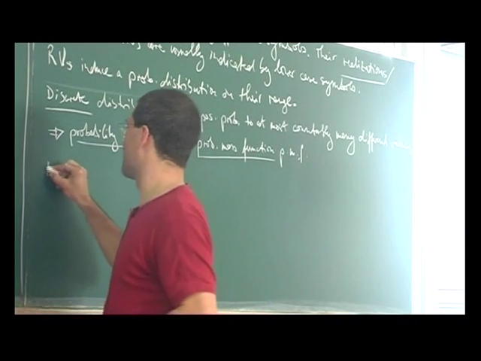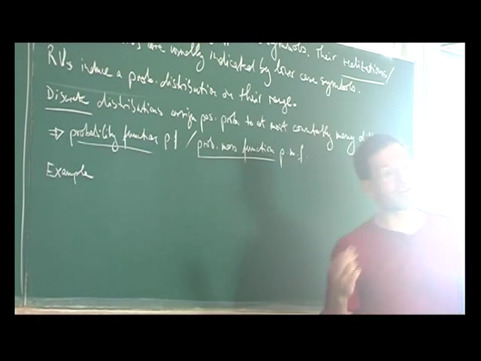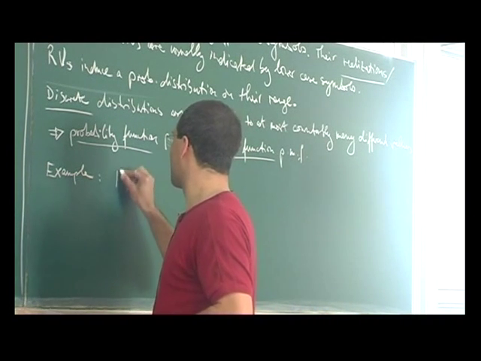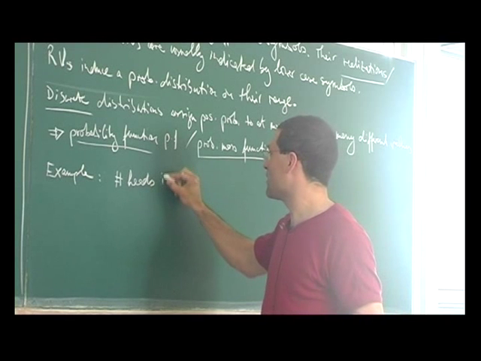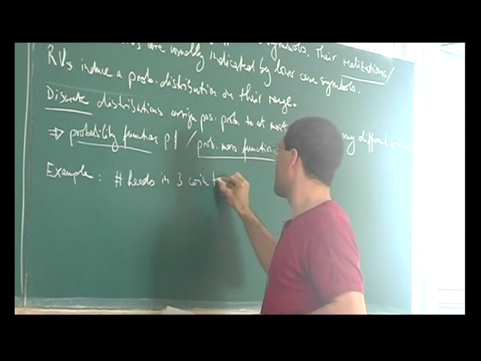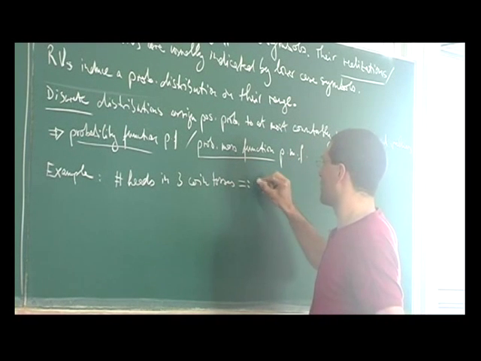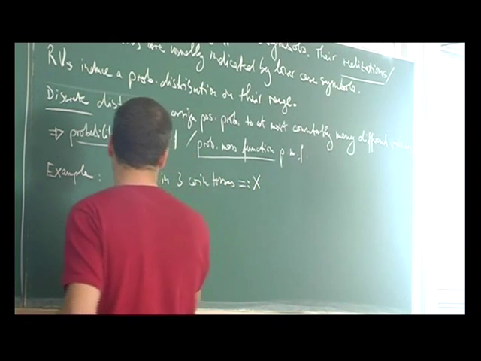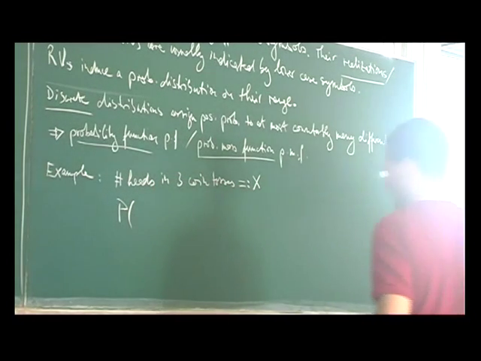So I'm going to give an example. These introductory examples are always to do with decks of cards or dice or roulette, so this is no exception. Let's consider the number of heads that are found in 3 coin tosses. This is our random variable, which I indicate with an uppercase symbol X. And then I can ask, for example, for the probability of finding 2 heads when I throw a coin 3 times.